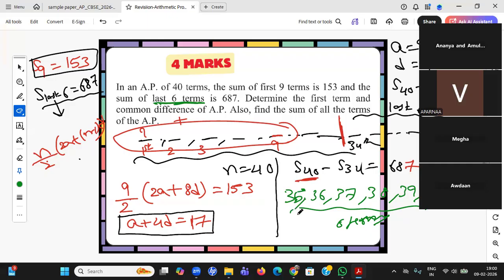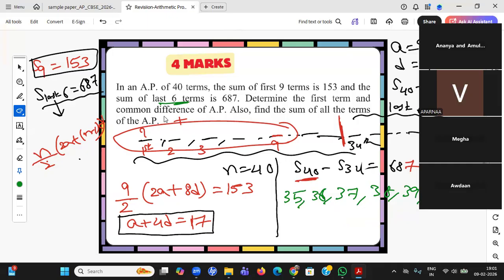If I want 6 terms starting from 35, I subtract S34. Sir, whole divided by 6? No, no. Last 6 means the 35th, 36th, 37th, 38th, 39th and 40th term. To get these terms, I need to subtract up to S34. Come on, students, now it's in your hand.